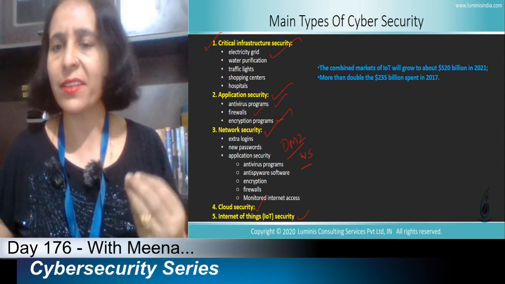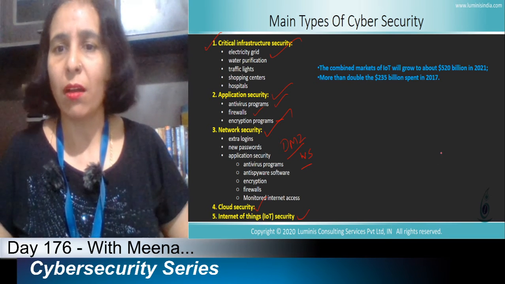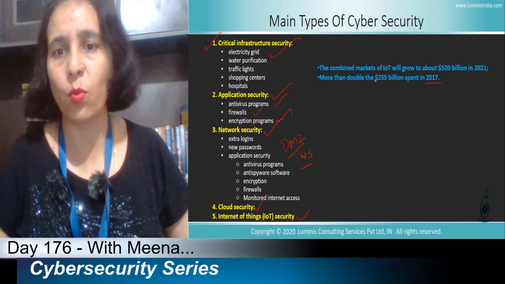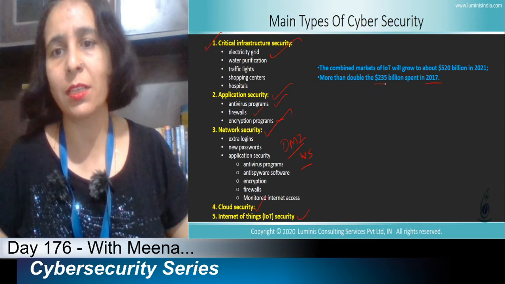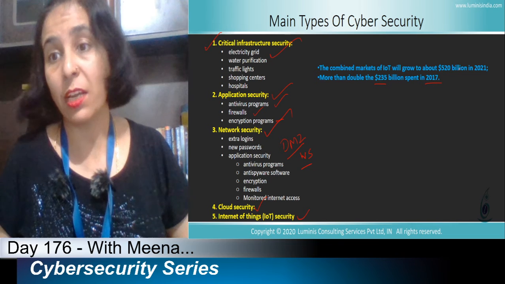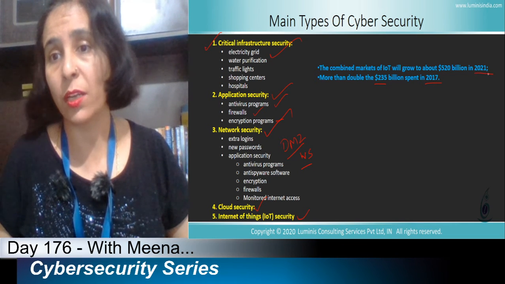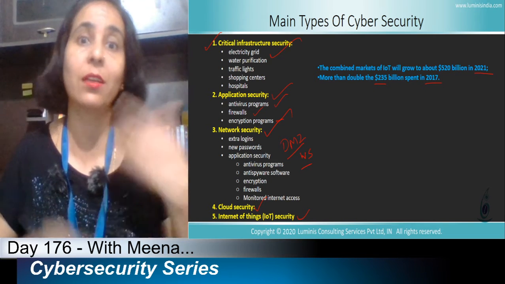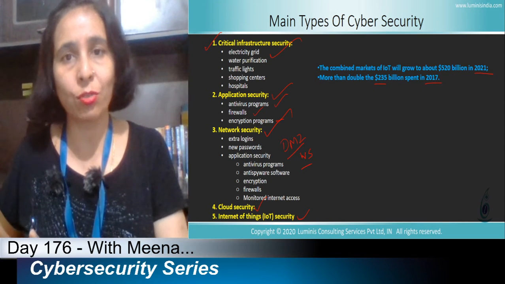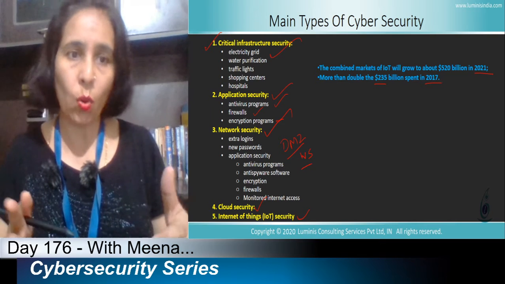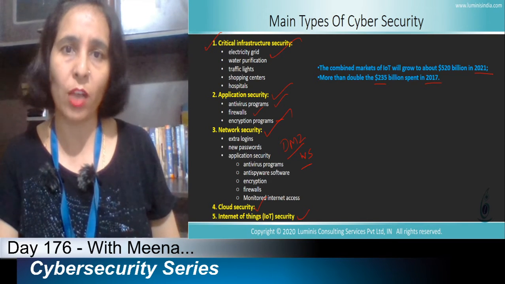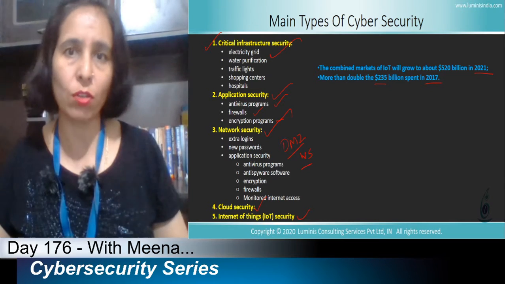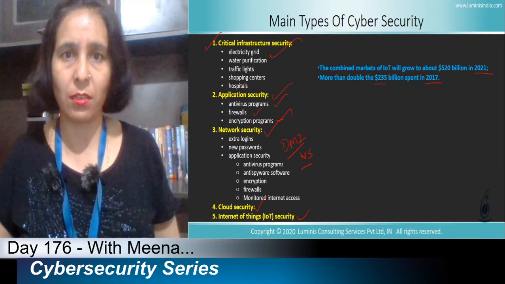Even you can see here the spending on IoT devices in 2017 was 235 billion, and it is expected in 2021 to be 520 billion. So more than double as compared to 2017. So how big is the market for IoT devices, and what a big exposure for security professionals.